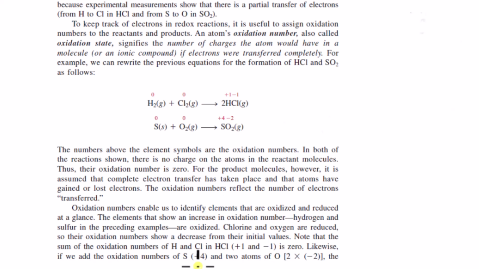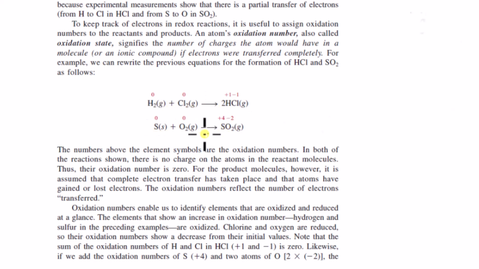Okay, but also just note that if you were dealing with a more complex reaction that had a large number of reactants and a large number of products, it's not like every single element involved has to have a change in oxidation number, like we saw with these two reactions. No, these were just simple examples, right? Every single atom involved in these reactions had a change in oxidation number.